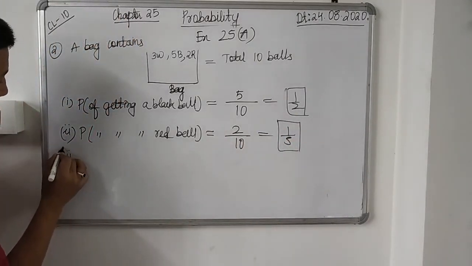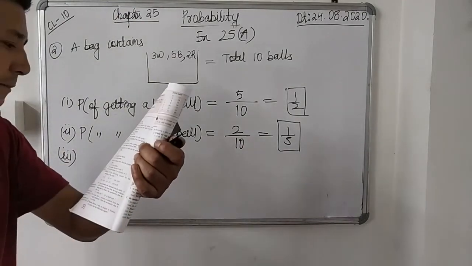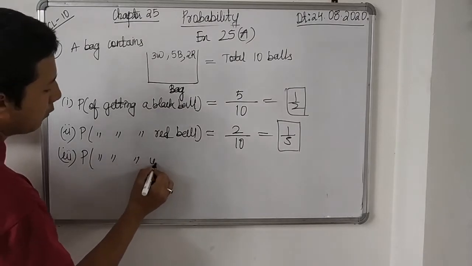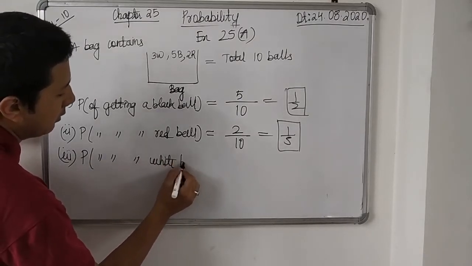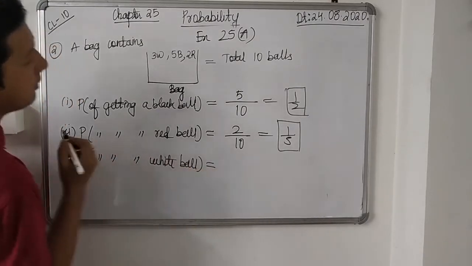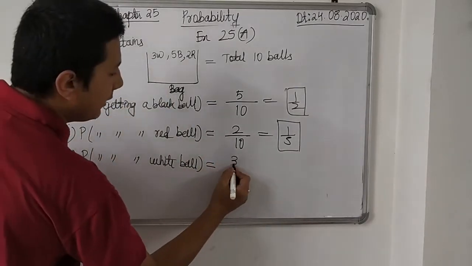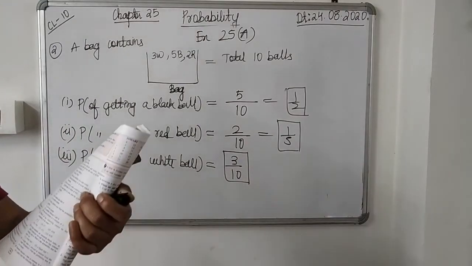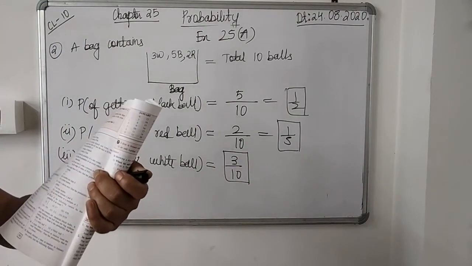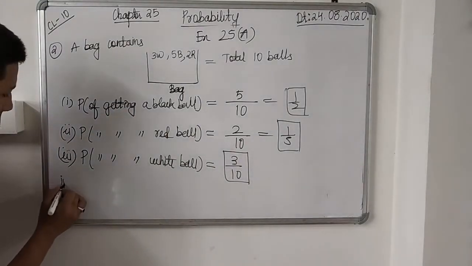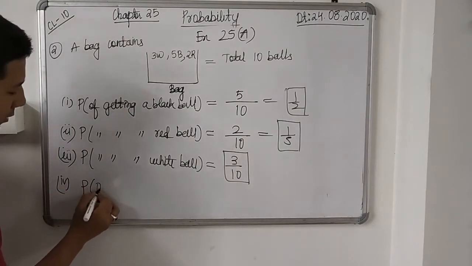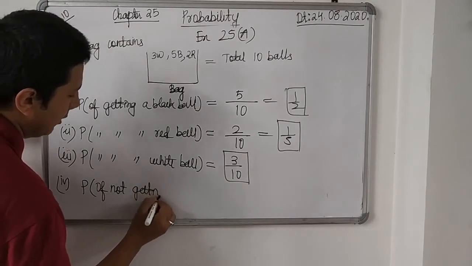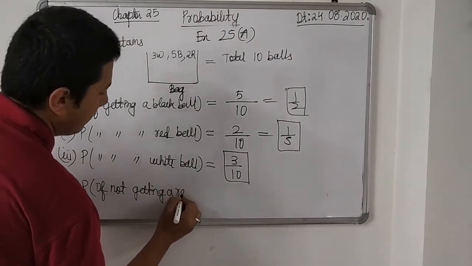Number 3. Probability of getting a white ball. How many white balls? 3. So 3 divided by 10. This cannot be cancelled out, so keep it as it is. We move to the probability of not getting a red ball.